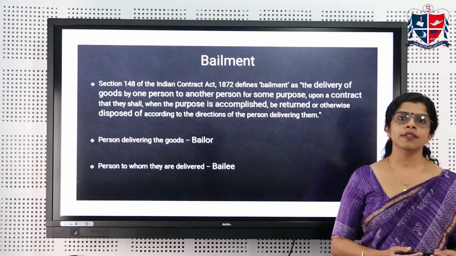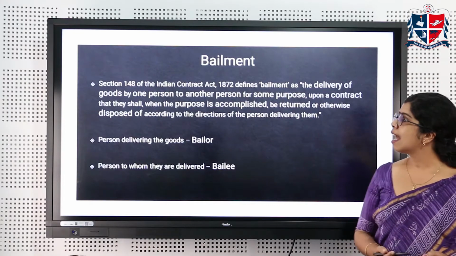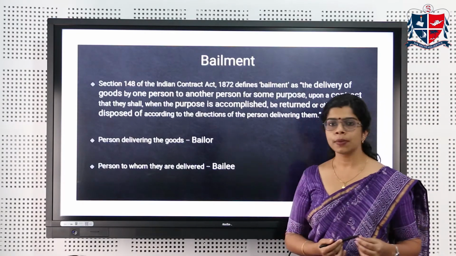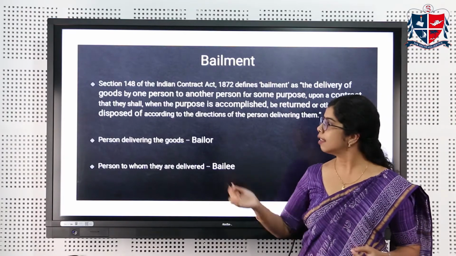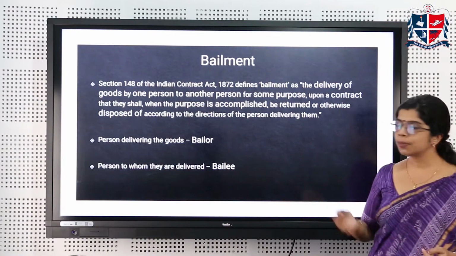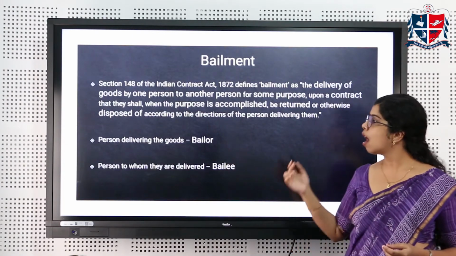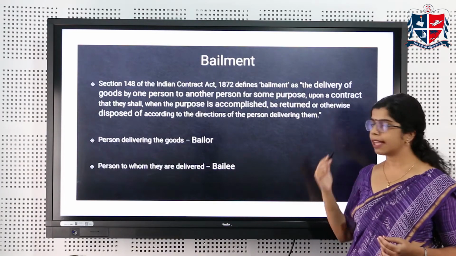Section 148 defines bailment as the delivery of goods by one person to another for some purpose, upon a contract that they shall, when the purpose is accomplished, be returned or otherwise disposed of according to the directions of the person delivering them.